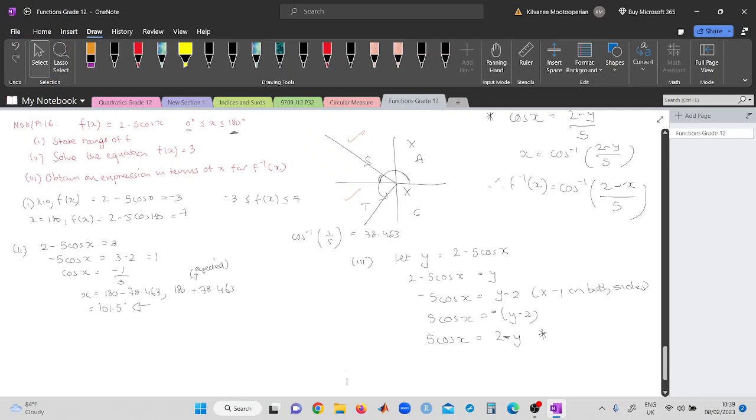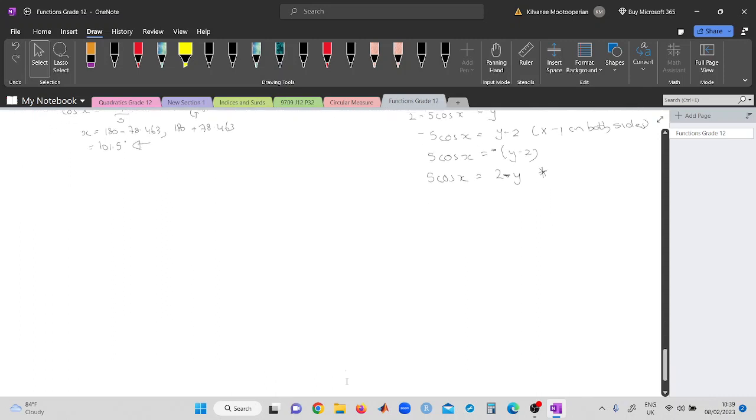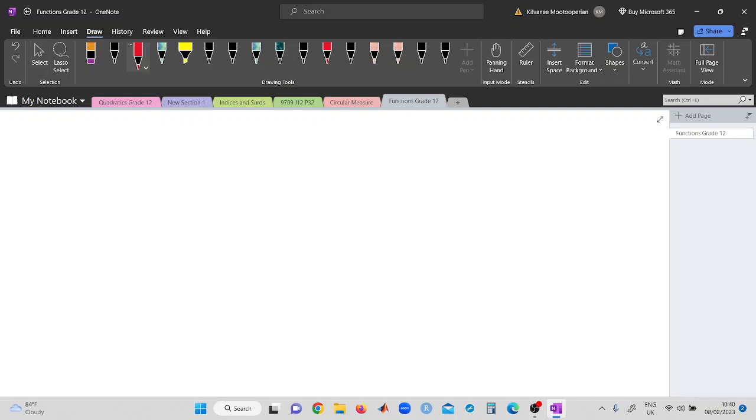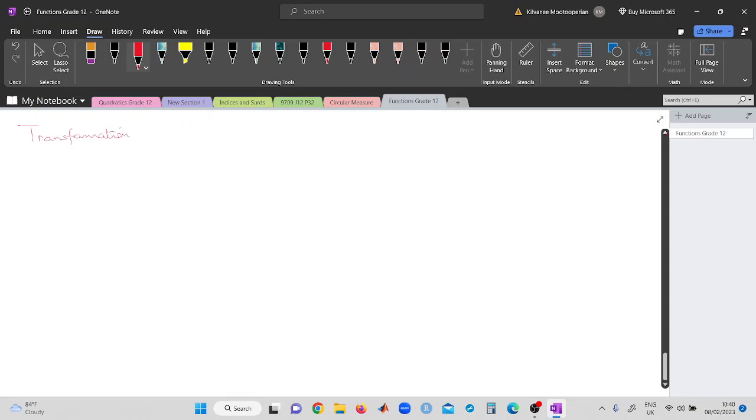Now, you are going to do something which is relatively new. It will be transformation of curves. It comes from a function, okay, and it's something which is new. So the transformation of curves.